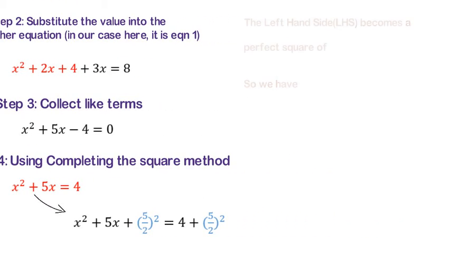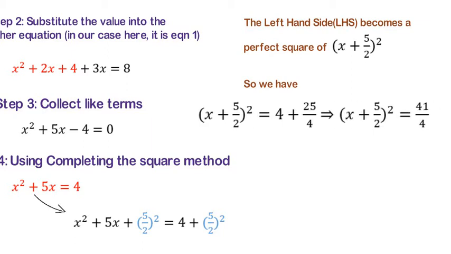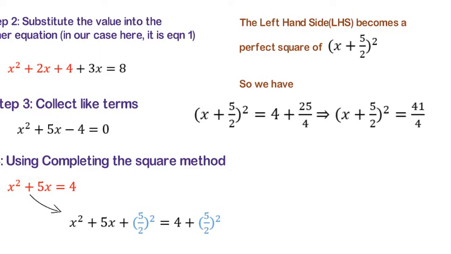The left hand side becomes a perfect square of (x + 5/2)². So we have the square of (x + 5/2) equal to 4 + 25/4, which will give us the square of (x + 5/2) equal to 41/4.